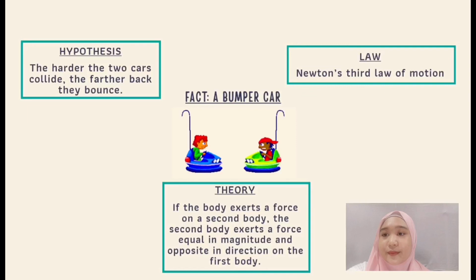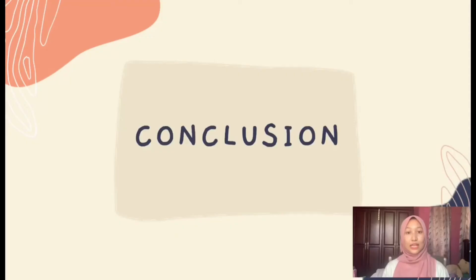Next, I will pass to Hidayati Amirah to conclude everything about explanation. Thank you. So, we have covered all the topics and subtopics in explanation. Overall, what we can conclude is scientific explanation is an important goal of scientific practice.